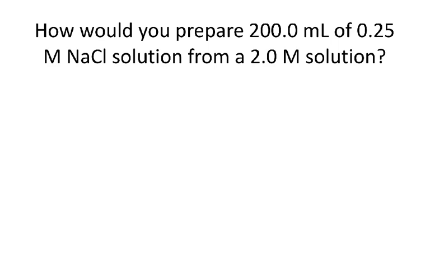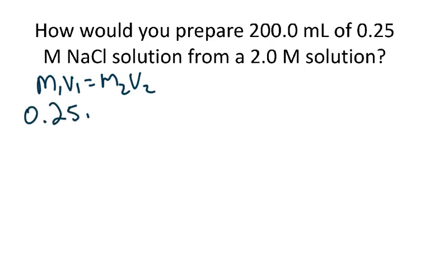Here's another example. You will probably want to pause and make sure that you can do this on your own. How would you prepare 200 milliliters of a 0.25 molar sodium chloride solution from a 2 molar solution? So M1V1, M2V2, so 0.25 molar times 200 milliliters is equal to 2 times V2.